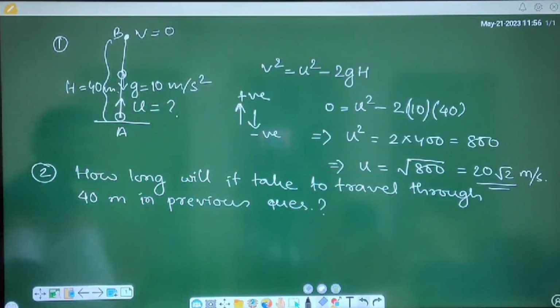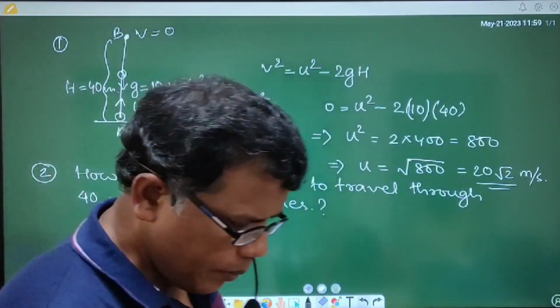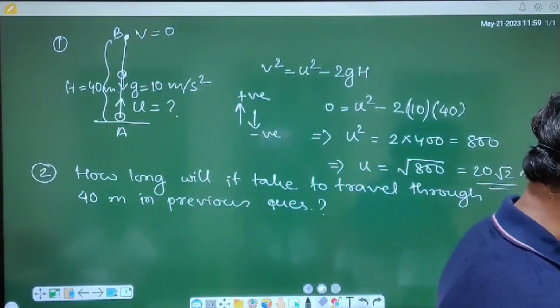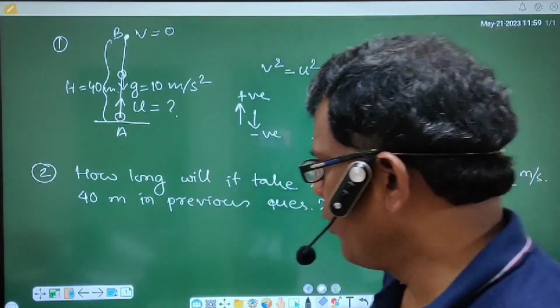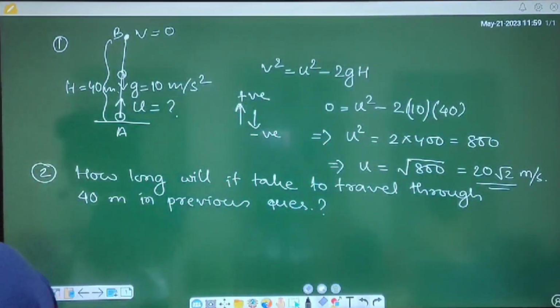How long will it take to travel through 40 meter in the previous question? They say that in any question, the smartest work is to track the terms which are given and which are to be known. According to the continuation of question 1, in question number 2, I have asked about the time of journey. So T is to be known.